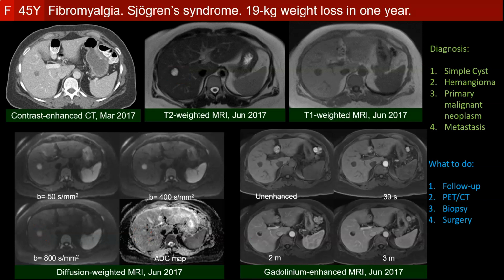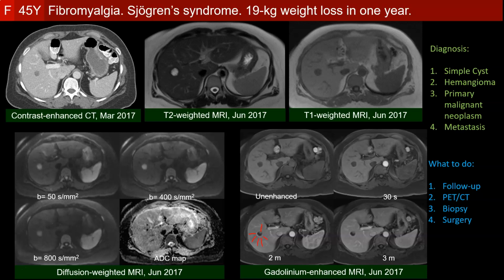A hemangioma is not a bad choice here. The T2 weighted, T1 weighted, and diffusion weighted imaging features can be accepted for a hemangioma. The presence of a knob of enhancement here may be a feature of a hemangioma. But what is definitely against a hemangioma is the presence of a continuous rim of enhancement.